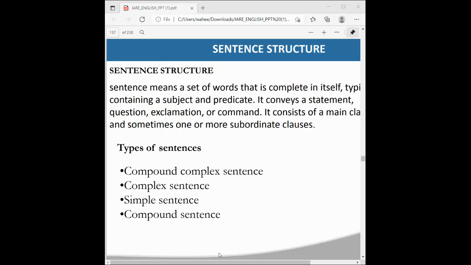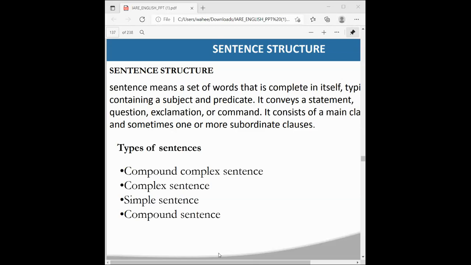It conveys a statement, a question, a command, or an exclamation. It consists of a main clause and sometimes one or more subordinate clauses. So how will you define it now?